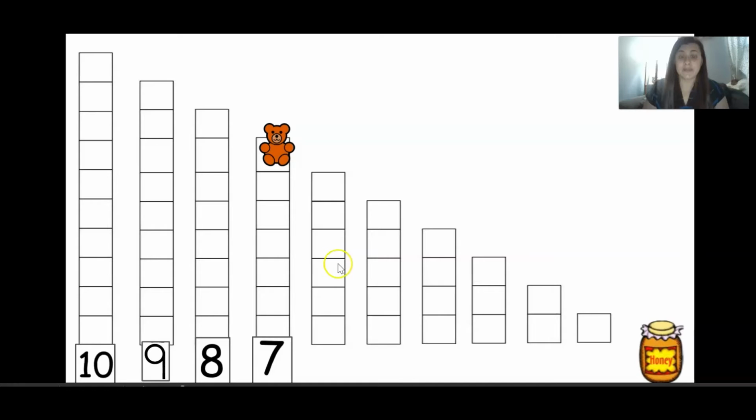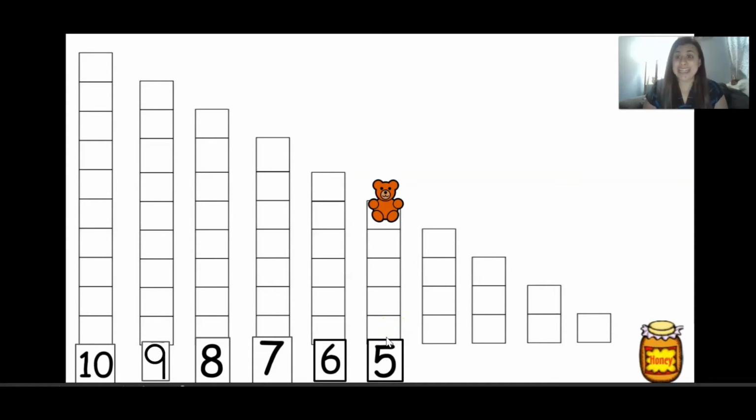Let's do this one. He's so close to that honey. What is 1 less than 7? 1, 2, 3, 4, 5, 6. 6 is 1 less than 7. 5 is 1 less than 6. 1, 2, 3, 4, 5.